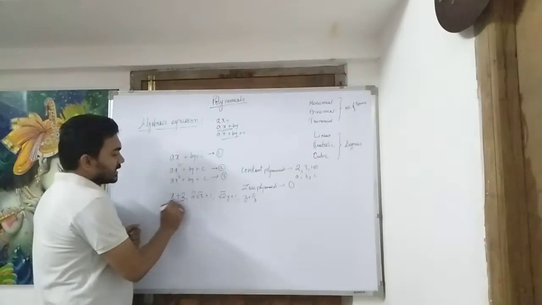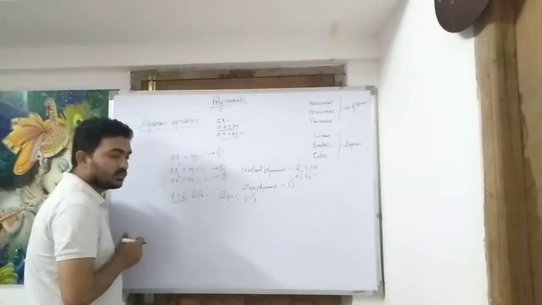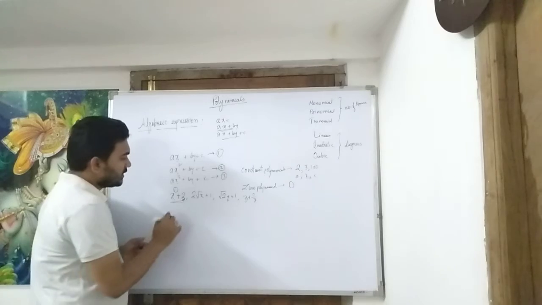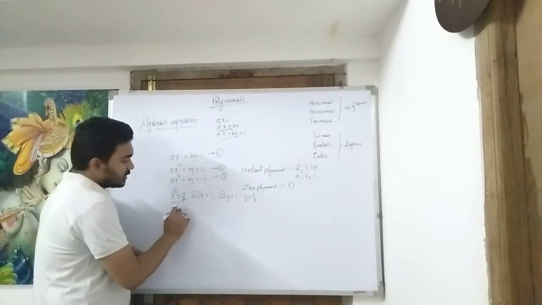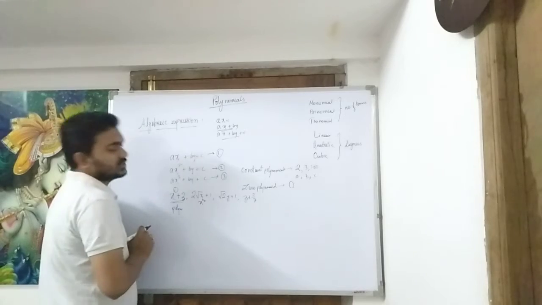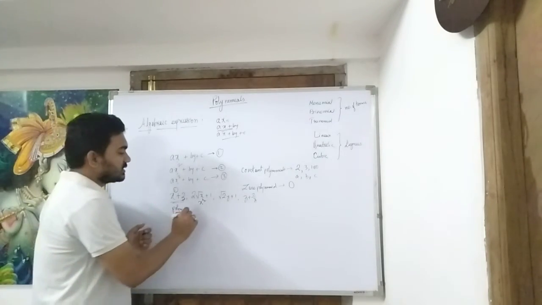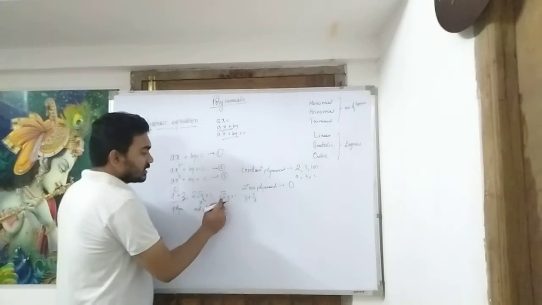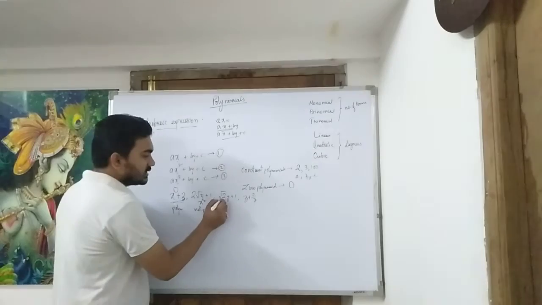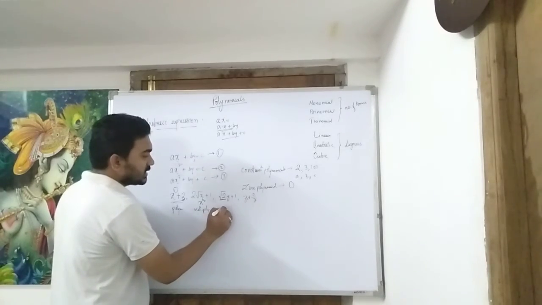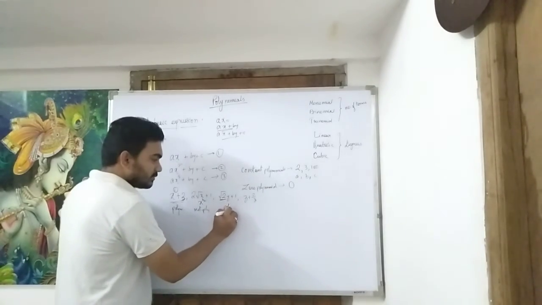In the first, the exponent is 1, so it's a whole number. This is a constant, we should not look at it. So it's a polynomial. Here the exponent is half, which is not a whole number, so this is not a polynomial. Here the radical sign is only with the number and not with the variable, so this is a polynomial.